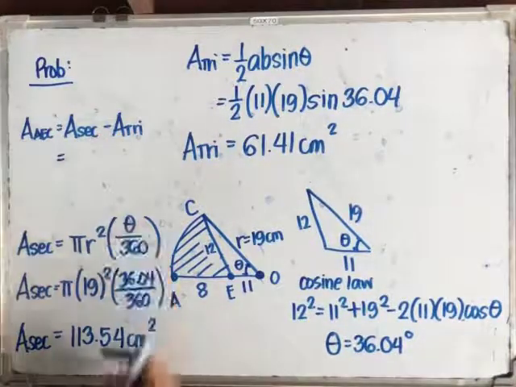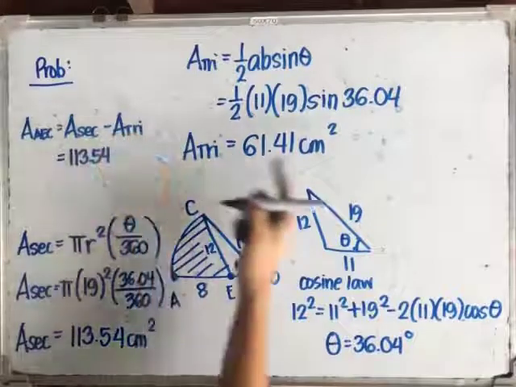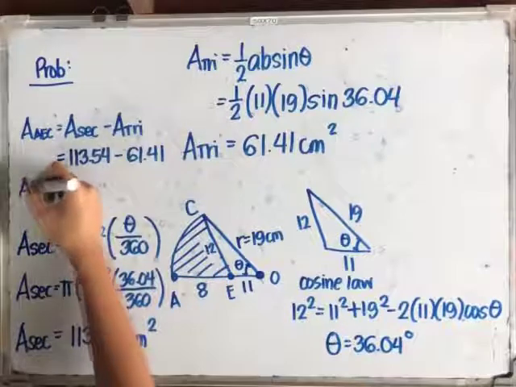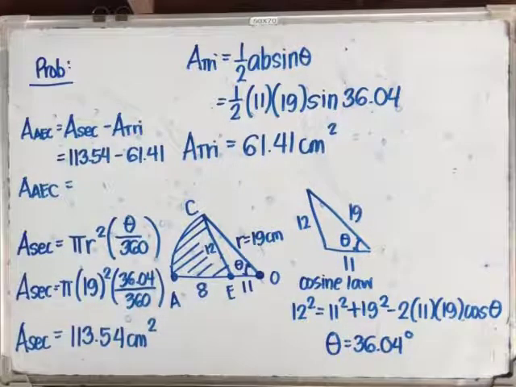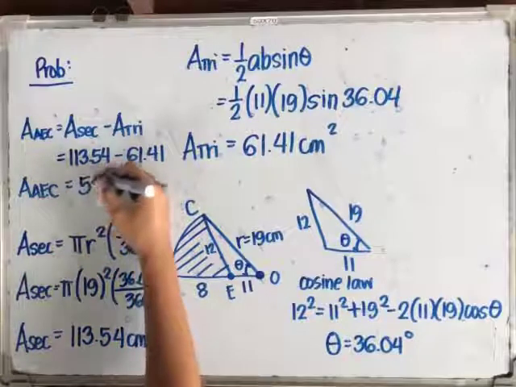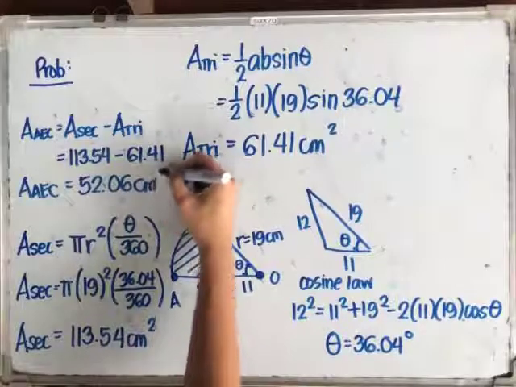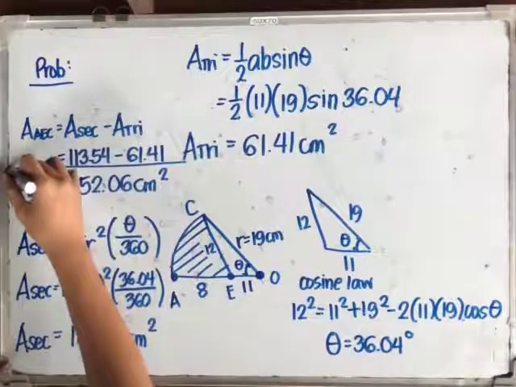So that would be 113.54 minus the area of the triangle 61.41. That would give us our final answer, which is 52.05 or 06. 52.06. Again, pag may mga discrepancy sa decimal, acceptable na yan ha, basta hindi naman ganun kalaki.